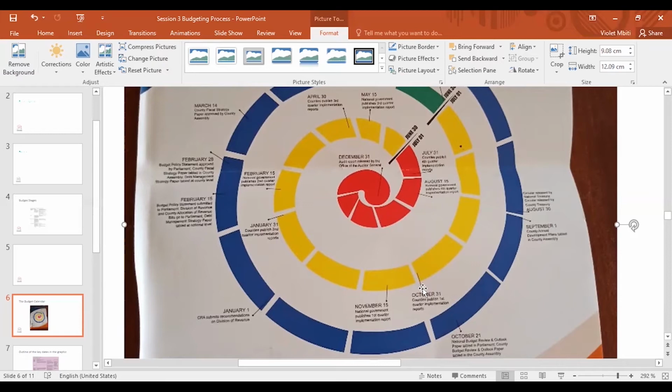You also find that in the county it is October 31st. Nationally, it is November 15th. The national government publishes the first quarterly implementation report. October, November, December, January. So January 31st, counties publish the second implementation report. So after every 3 months, the counties publish an implementation report.